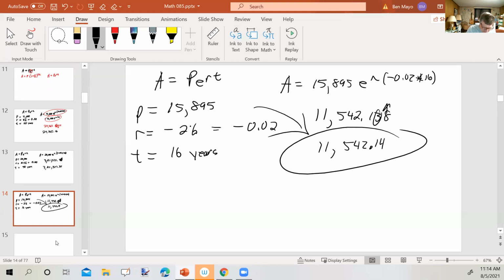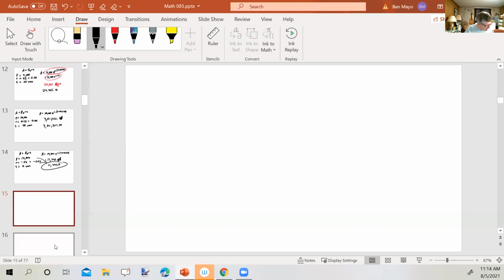Okay. Next, it says evaluate each expression without using a calculator. All right. So again, recall that log base 10 is written log. Log base e is written ln. So ln, natural log, is the same as log base e.